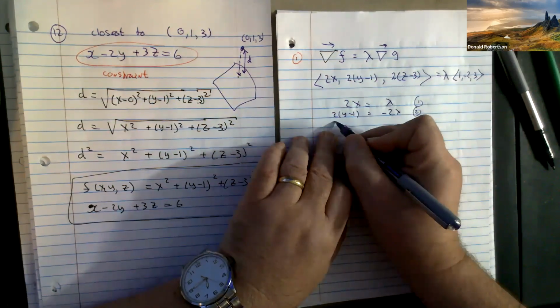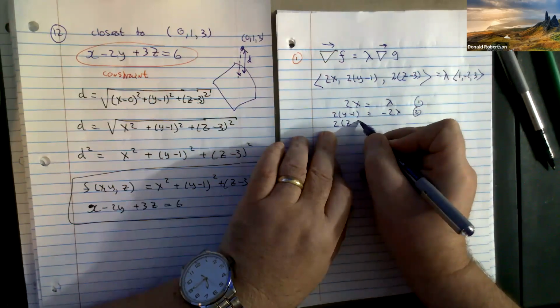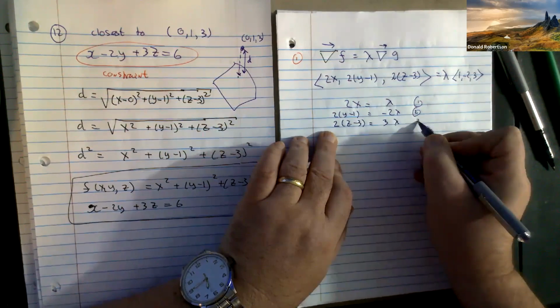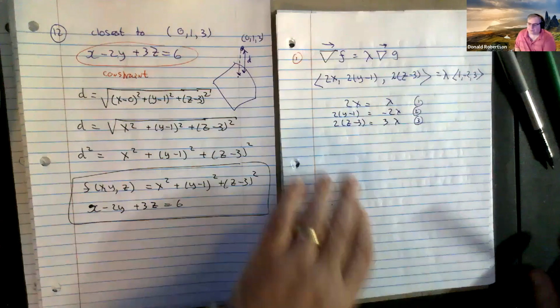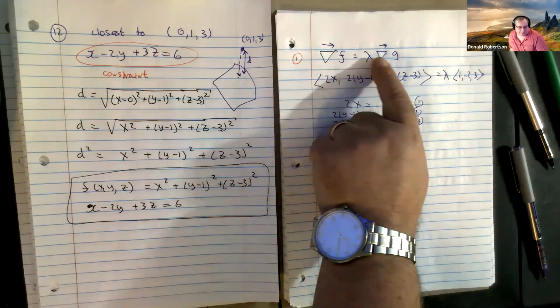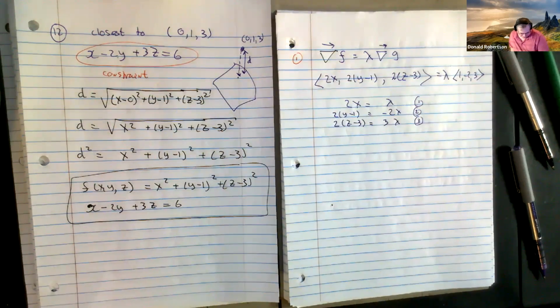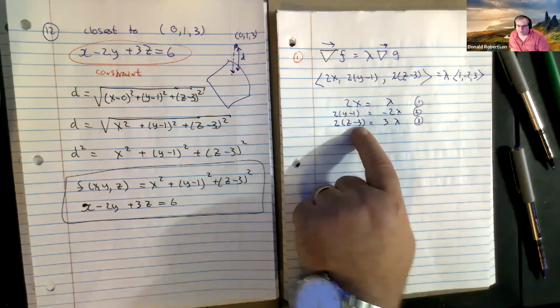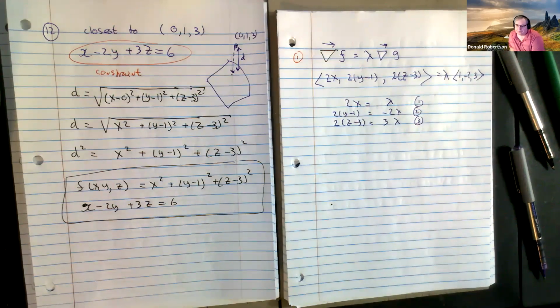And the third equation says 2z take away 3 should be equal to 3 lambda. So I've set up the gradient of f as lambda gradient of g, put in their values and match the first, the second, and the third components. Does that seem okay? Nothing obviously wrong?